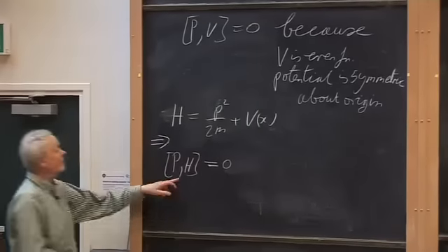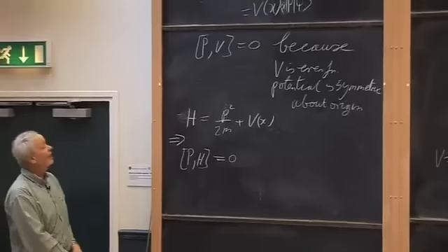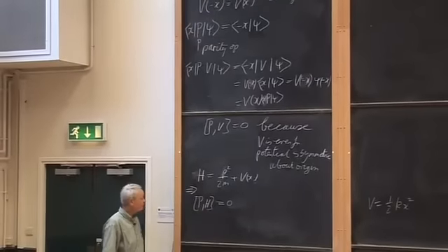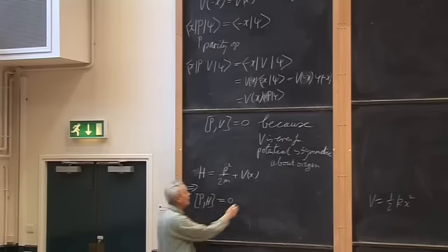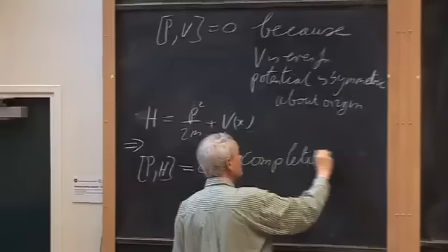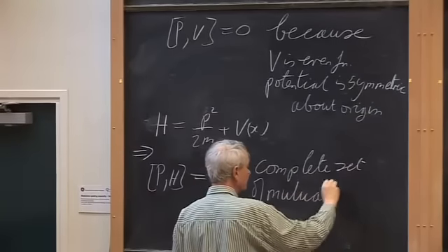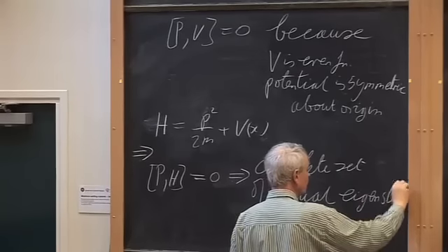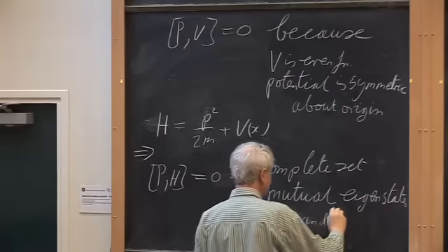So the parity operator commutes with the Hamiltonian, whose stationary states we would like to find, whose eigenstates, that is to say, the stationary states we would like to find. So what does that imply? When two operators commute, remember the fundamental rigmarole is that this implies there's a complete set of mutual eigenstates of p and h.